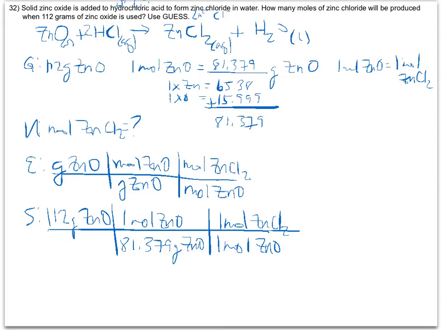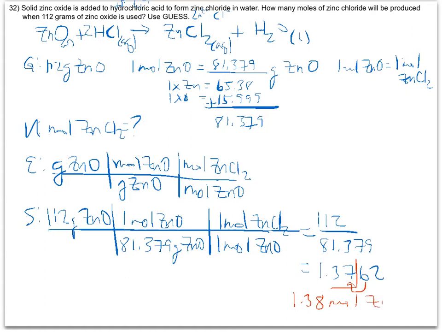So really, all we're doing is taking 112 and dividing it by 81.379. And when you do that, you get 1.3762. Last step is to get significant digits. This has 3, this has 5, so we're going to 3. So the 6 rounds the 7 up, we get 1.38 moles of zinc chloride.